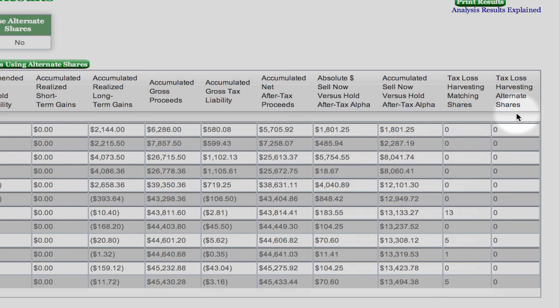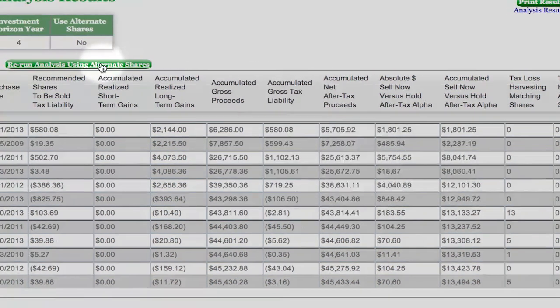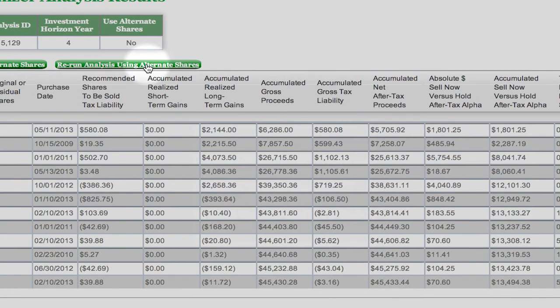Again, this feature is only activated by clicking the Rerun Analysis Using Alternate Shares on the Results page. This should be done only to evaluate any very last tax lot sales of a tax year.